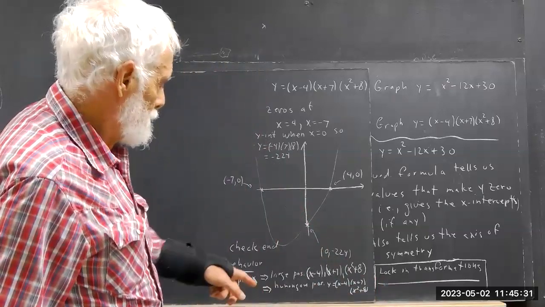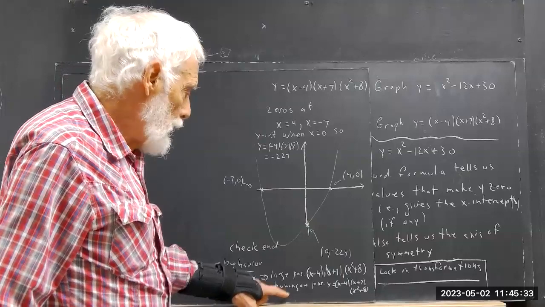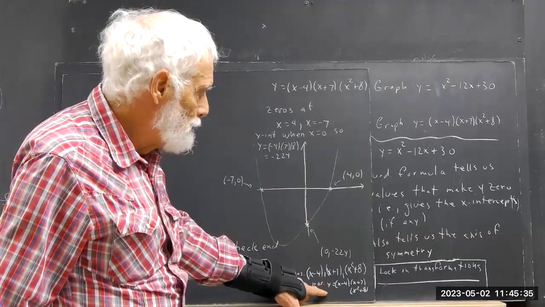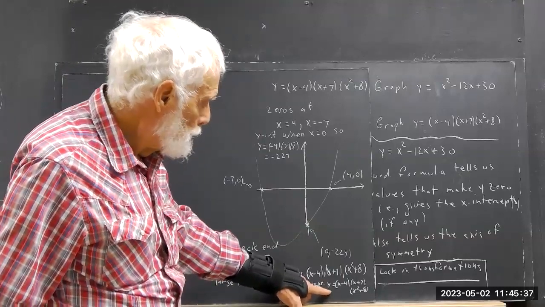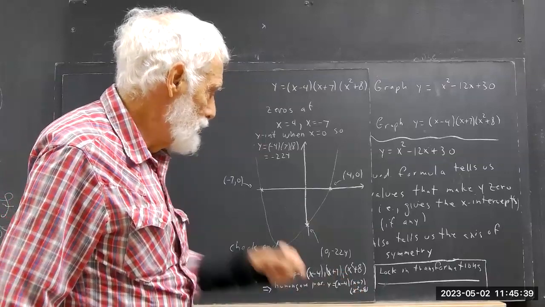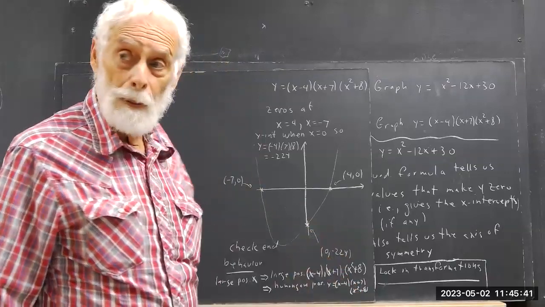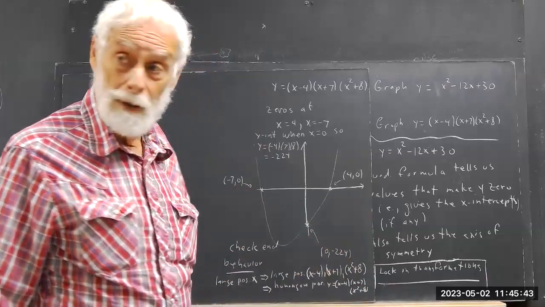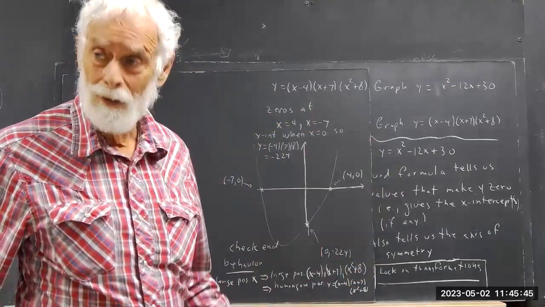I'm saying that really implies a humongous positive y, because y is equal to this times this times this. So if we take three large positive numbers, one which is really big, and multiply them together, we get this humongous positive number.